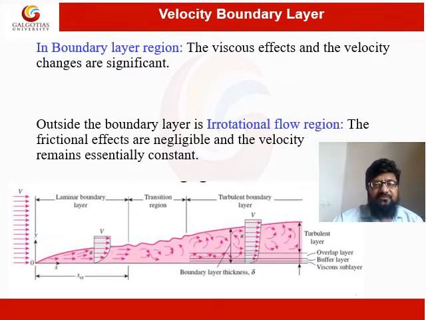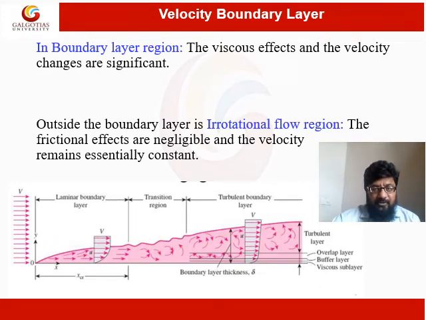So the effect of viscosity, which was to produce the shear stress among the different fluid layers, is non-existent outside the boundary layer. So outside of the boundary layer, the flow can be treated as irrotational flow. The frictional effects are negligible, and the velocity remains constant outside the boundary layer.